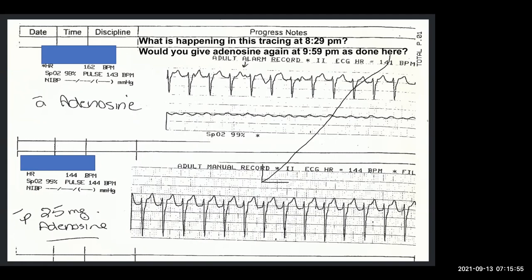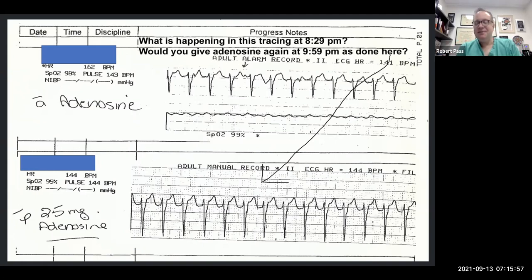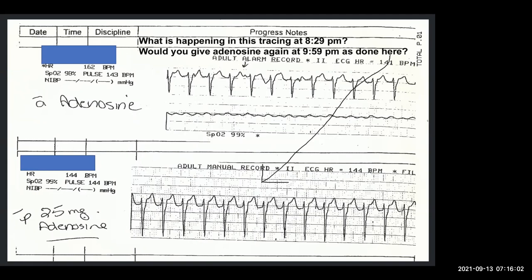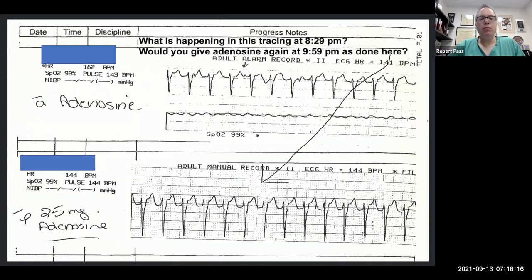Okay, let me just take a look over here. Take your time. Analysis is important. So in the beginning of the tracing, I think there is a P wave just after, between the QRS and T. I would agree with that statement.